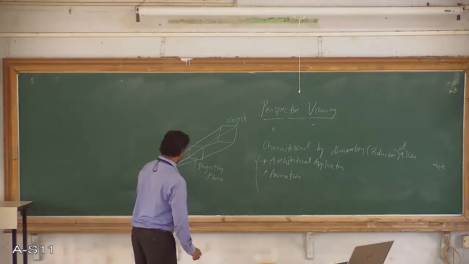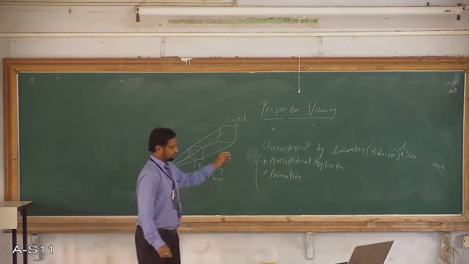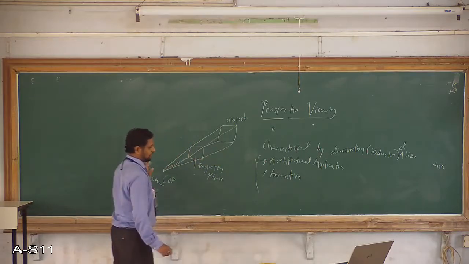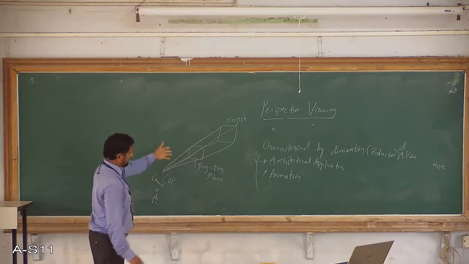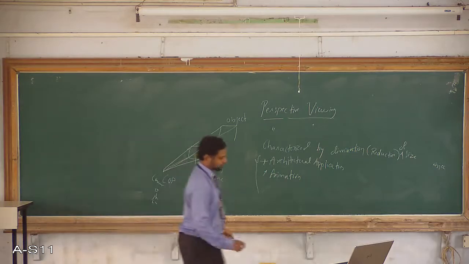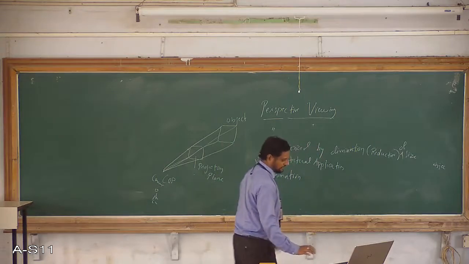Okay, so you can say this is a camera, or here is a viewer. He is located symmetrically with respect to the projection plane, as shown here in this figure. This is what you can call perspective viewing.